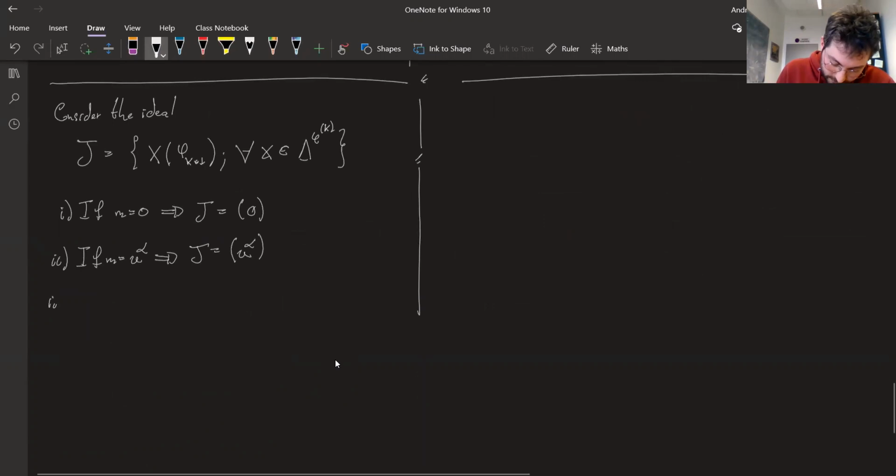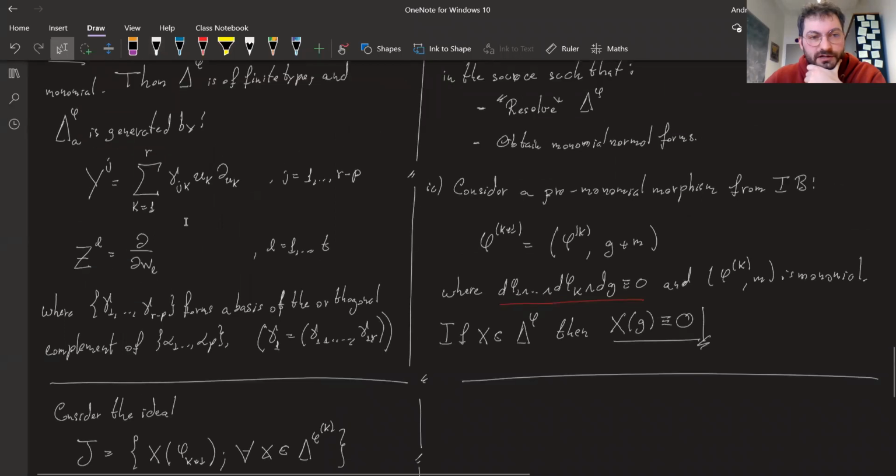And third, if m was equal to u beta w plus psi, then the beta was linearly dependent on the alphas. So every one of the derivations that are written like here is going to make this monomial equal to 0.